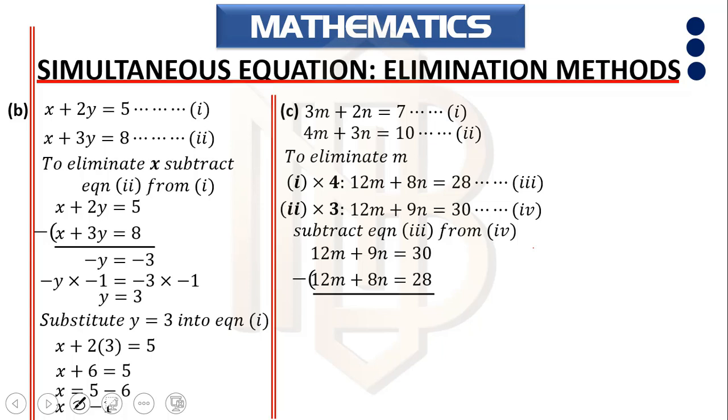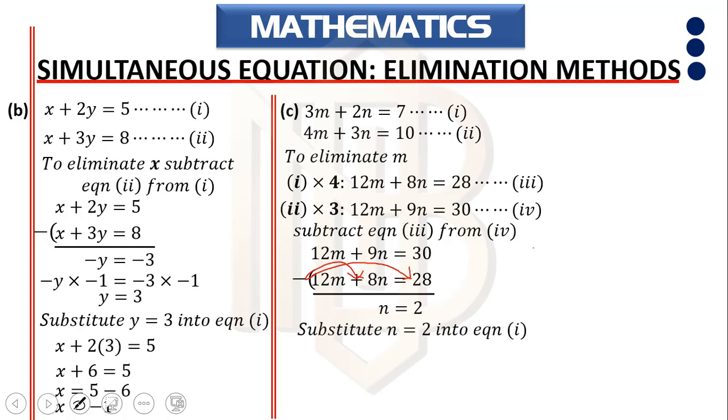That's a minus times plus here, it becomes minus, so that's 9n minus 8n, which gives us n. And a minus times plus here too, so that's minus. So that means 30 minus 28 will give us n equals 2. Okay, so that's the value of n.